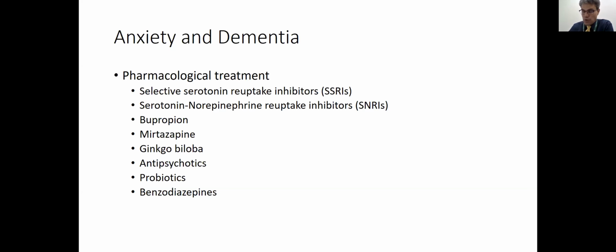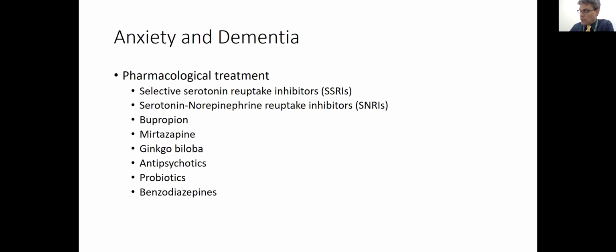The odds ratio was 0.43 for an improvement in anxiety from baseline, with a confidence interval of 0.22 to 0.84, which is a p-value of 0.01. They said that was statistically significant, so citalopram may be your best option from an anxiety standpoint in treating people with dementia.